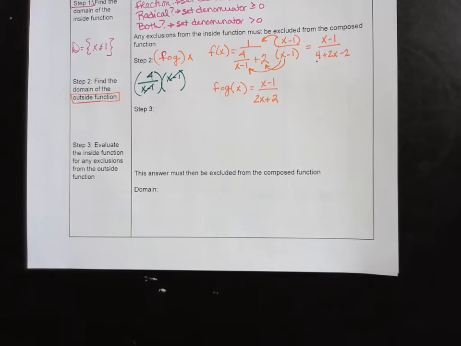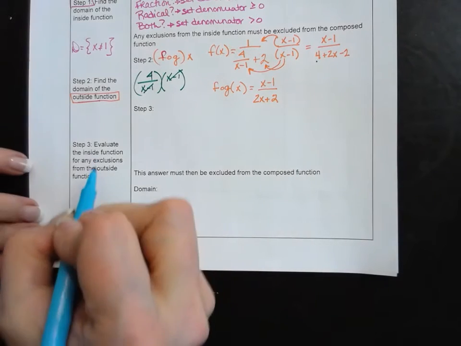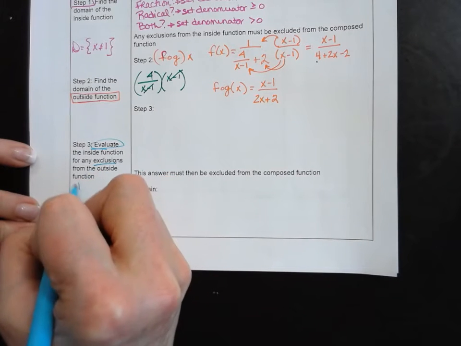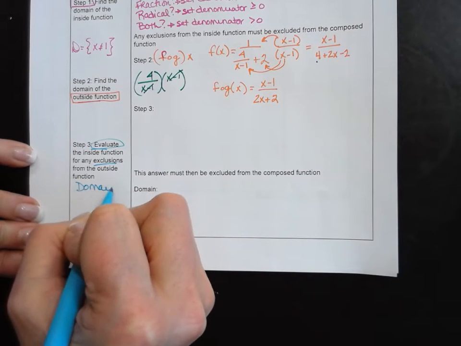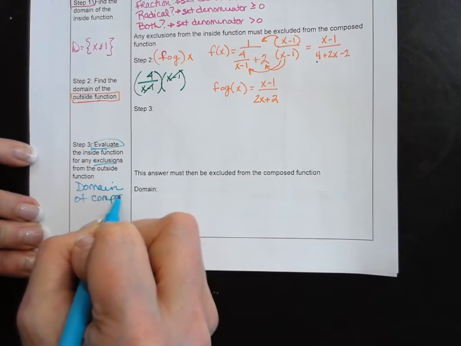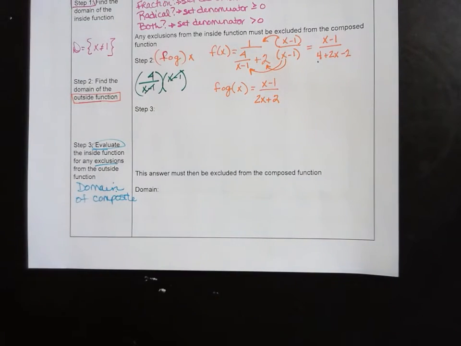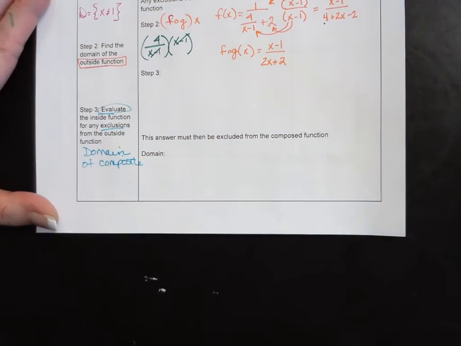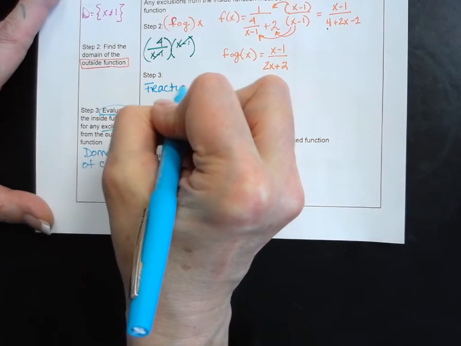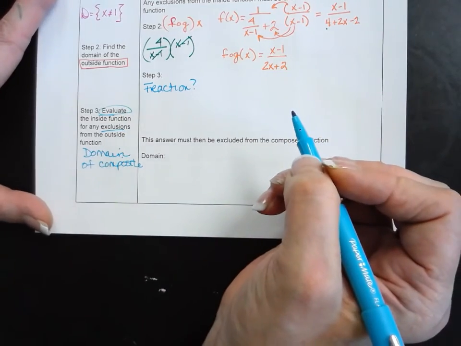All right. Okay, so step 3. We're going to evaluate for any exclusions. In other words, we're going to do the domain of the composite. So, do I have a fraction? Yes.